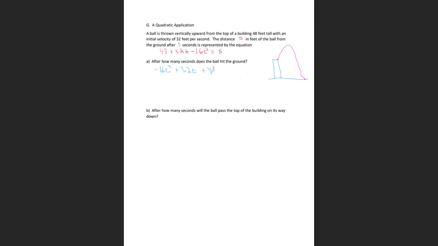And that has to equal the distance, which is 0. So we do have a quadratic that we have to solve for t, for the time. And I do notice that 16 looks promising. It does divide into all three of those.